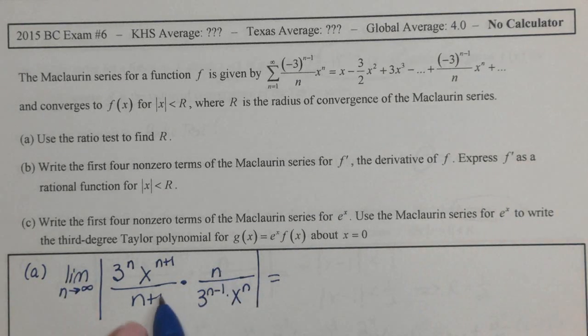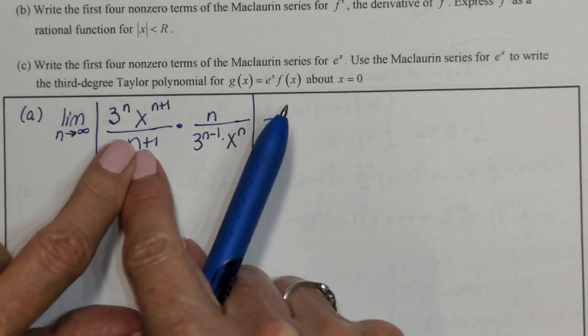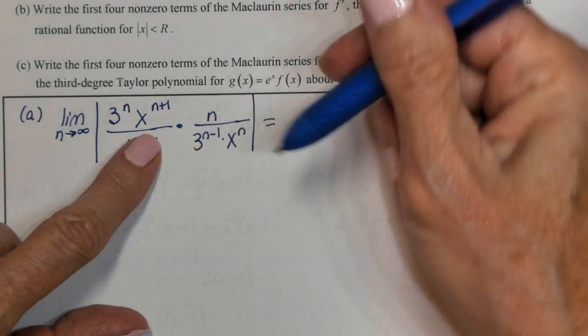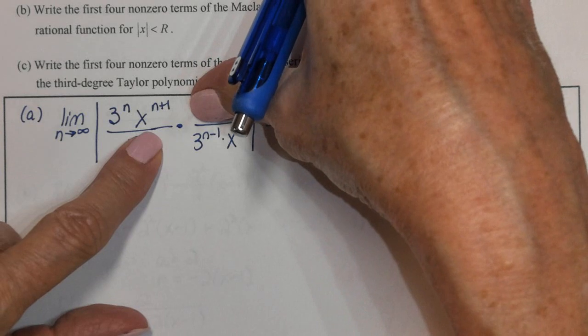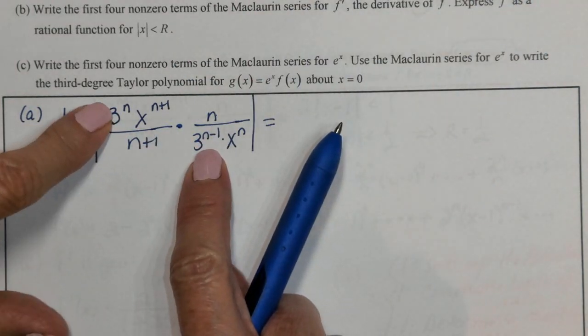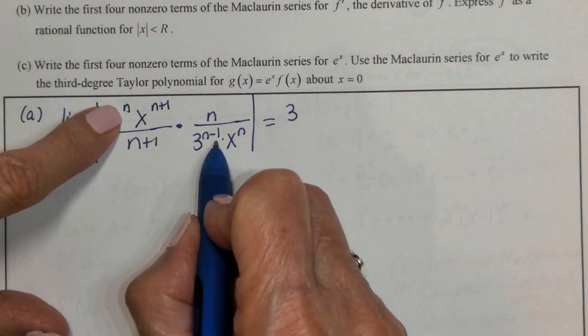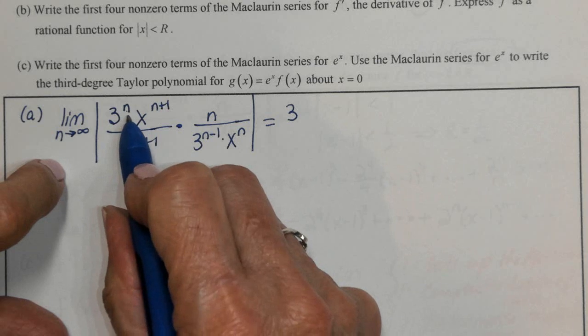The n and the n plus 1 don't reduce, but when we take the limit, they will go to 1, so I'm ignoring those. I'm going to reduce the rest of it. I'm going to have a single 3 on top because its power is 1 higher than this power.